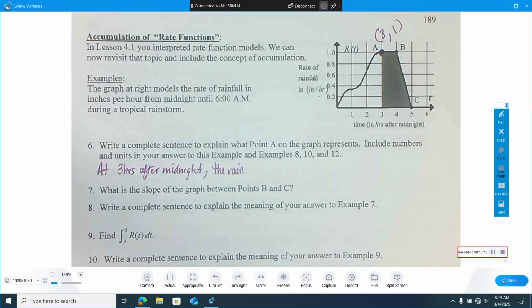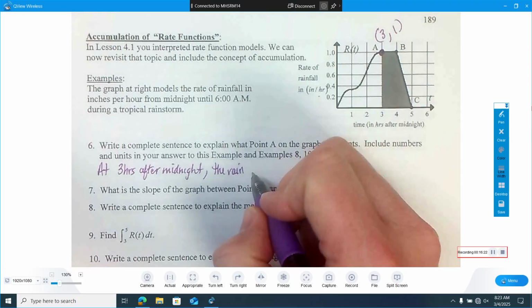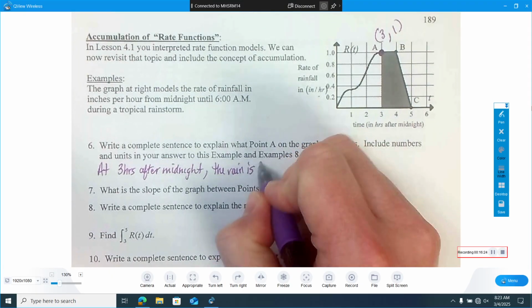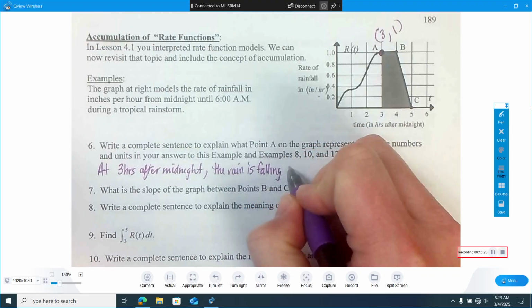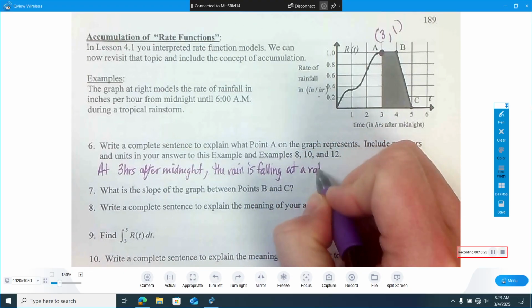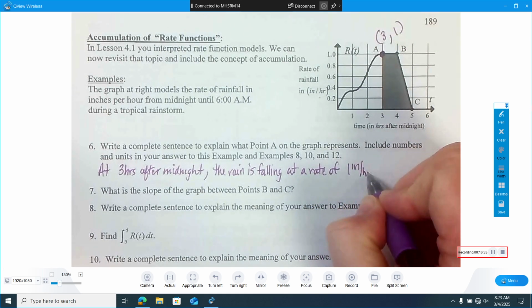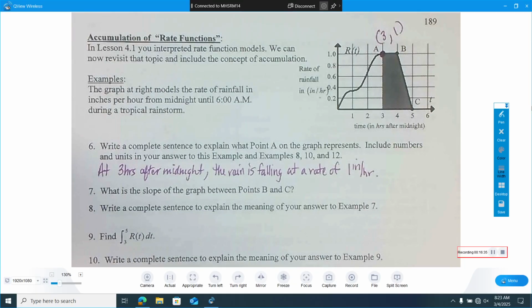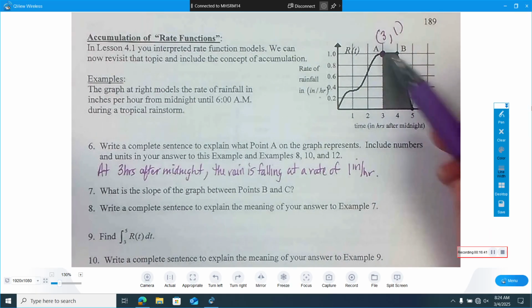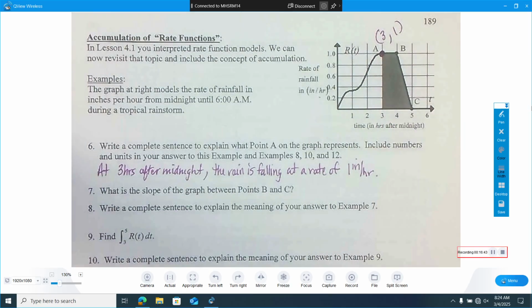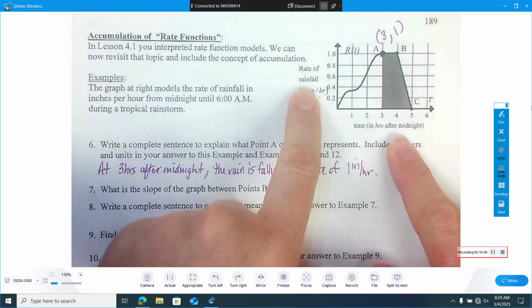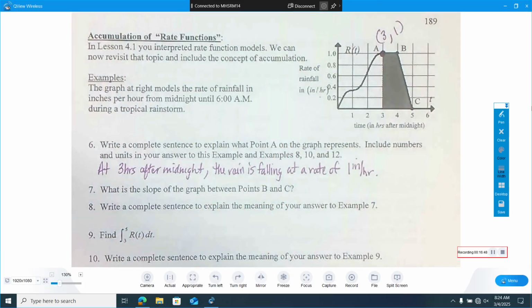I'm going to say the rain is falling at a rate of 1 inch per hour. So again, all we're doing is interpreting what this ordered pair really means based on the actual units. So not too bad.